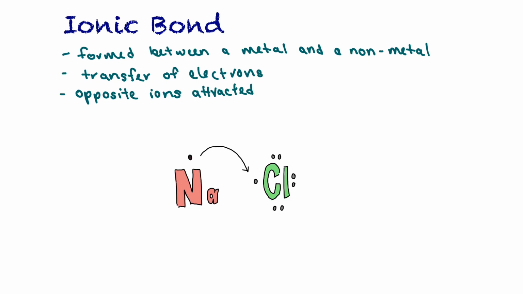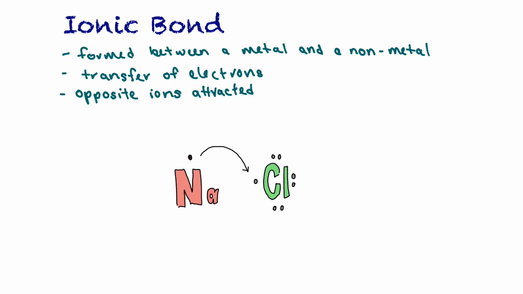Now, for those of us who haven't studied chemistry in a while, or for those of us who have and need a little bit of a refresher, I thought it would be a good idea to go over the structure of ionic bonds versus covalent bonds, because that type of bonding is important to distinguish when we talk about biochemical molecules. So first of all, an ionic bond is formed between a metal and a nonmetal, and it involves the transfer of electrons.